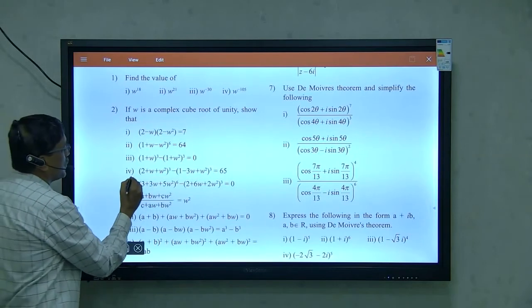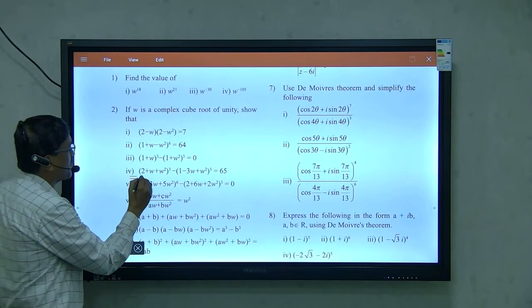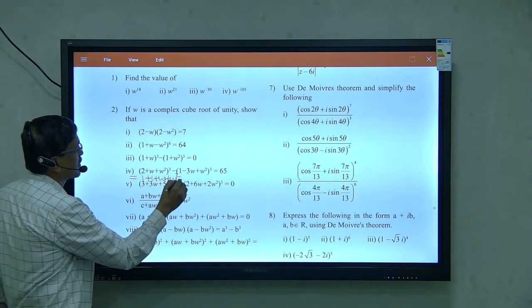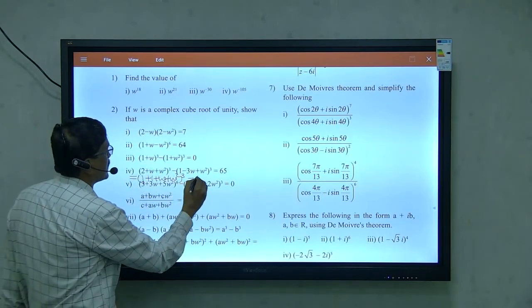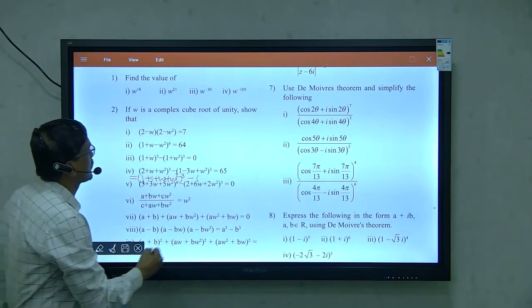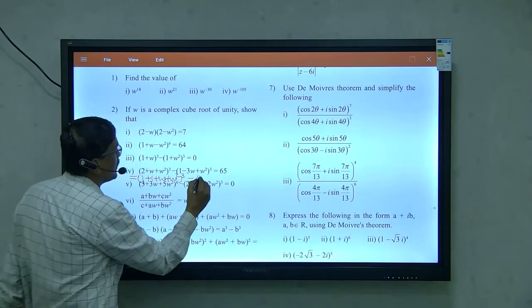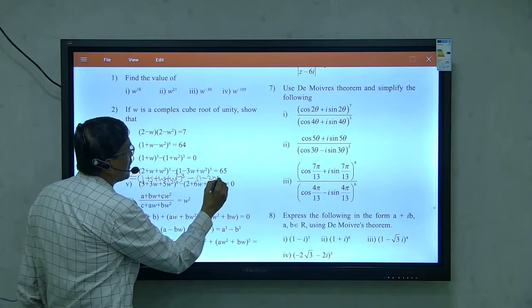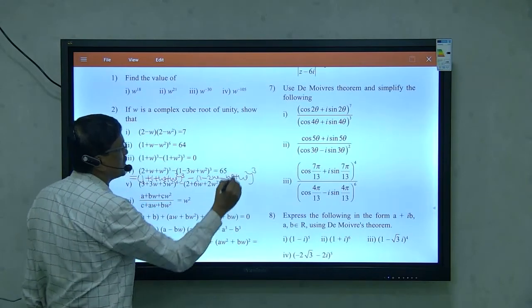We can split this 2 into 1 plus 1, so (1 plus 1 plus omega square) cube minus (1 minus 2 omega minus omega plus omega square) raised to 3.